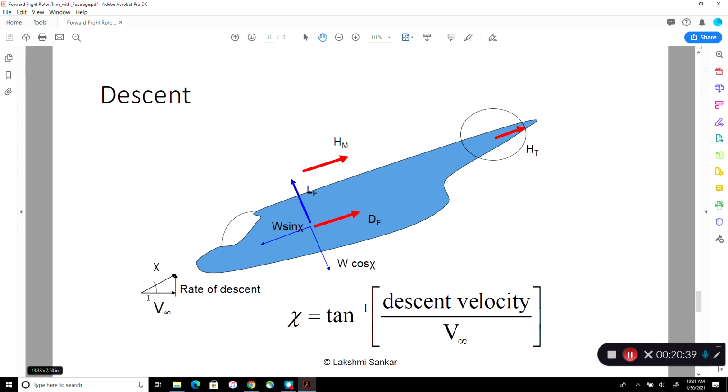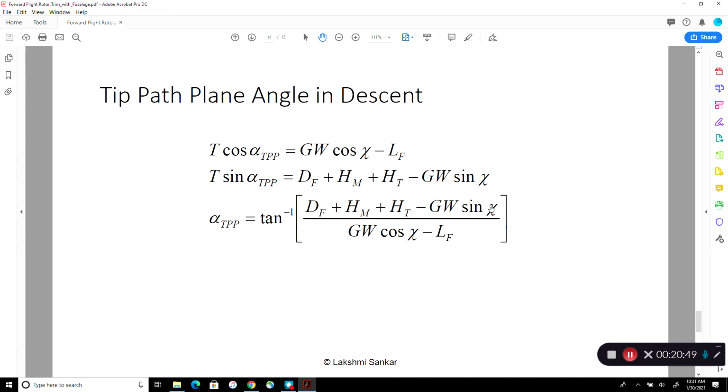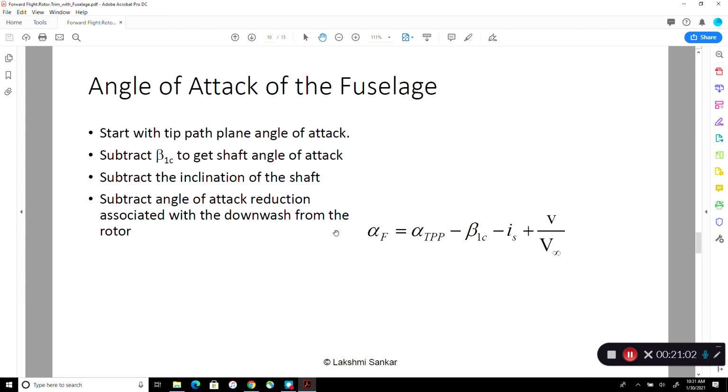You don't want to lose too much forward speed. So this is fixed. You assume a rate of descent, so that gives you the chi value. So chi value is known here. So put that expression here, then trim the whole thing like you did with the fuselage effect before, which we saw a few slides earlier here.